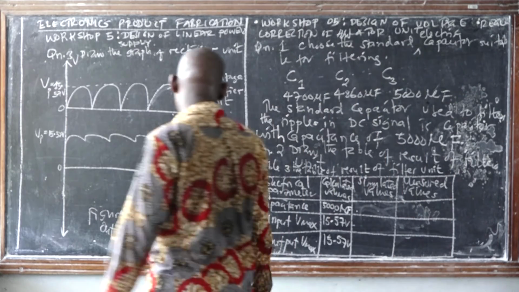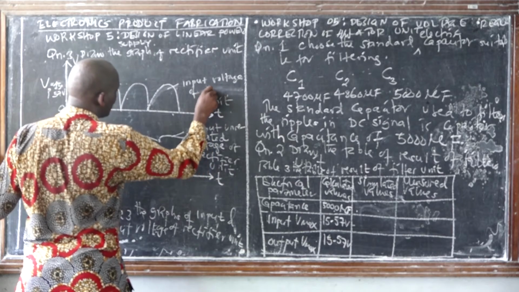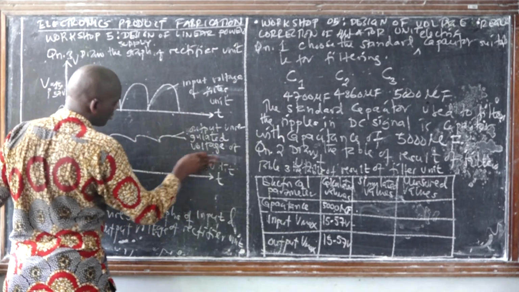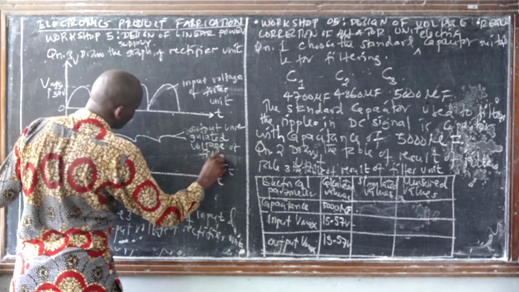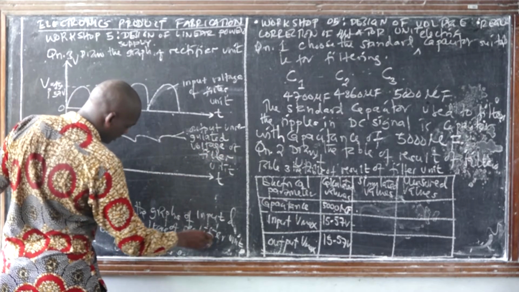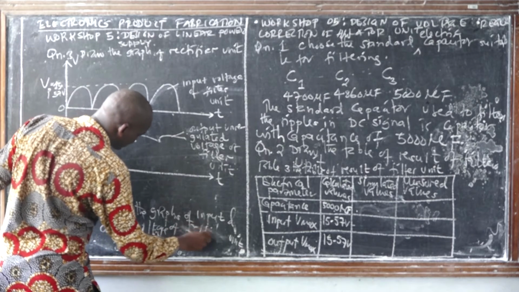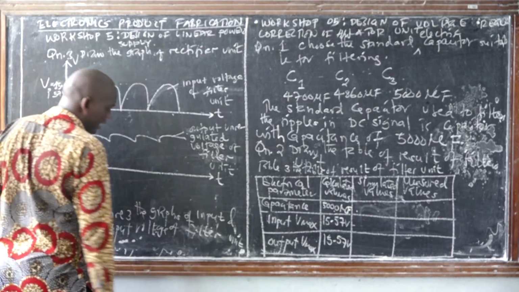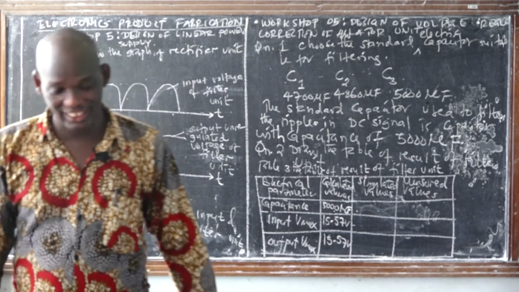Okay, this is the filter. Sorry, Abdullah corrected me that I just made a mistake, it is not the rectifier. This is the filter. But others are still copying, and when they copy they assume that I will revise it later.